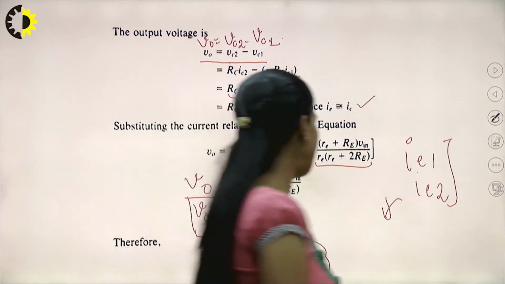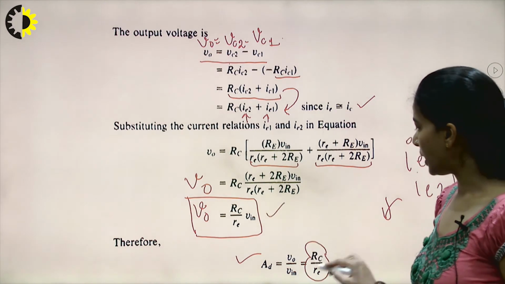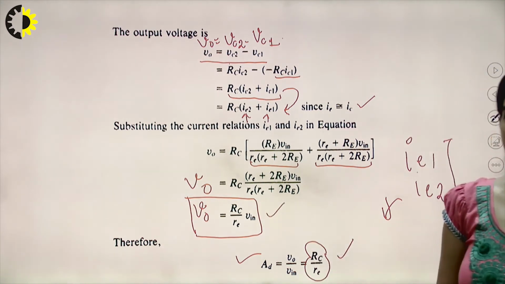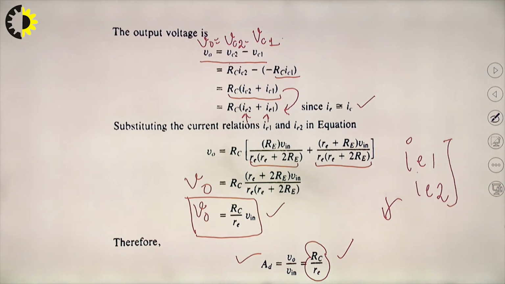So if we compare it with the previous balanced output configuration, we can say that here the output and the gain are exactly the same as that of the dual input balanced output configuration.